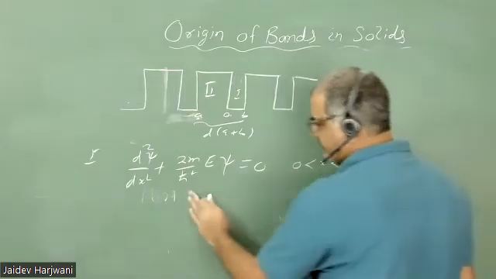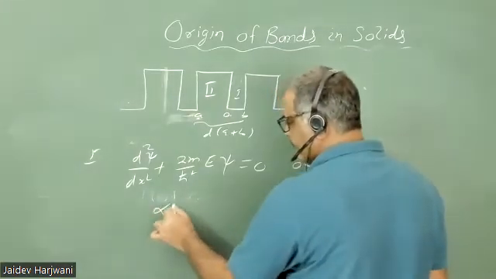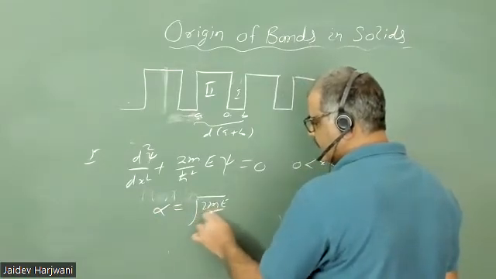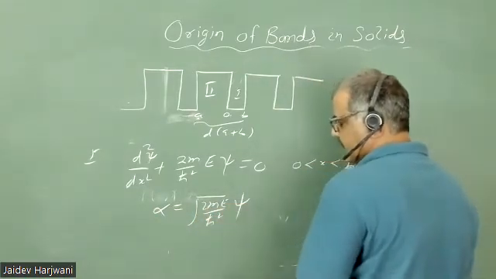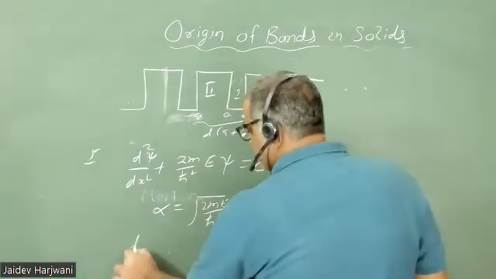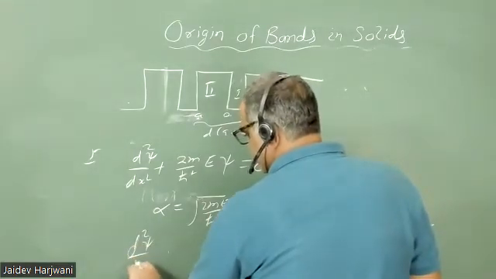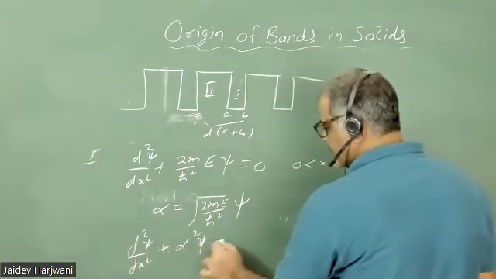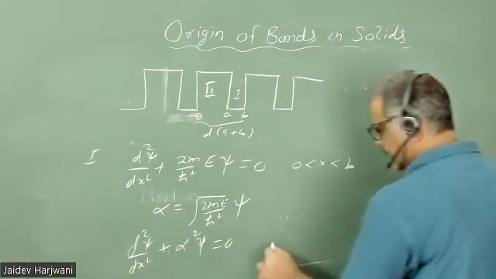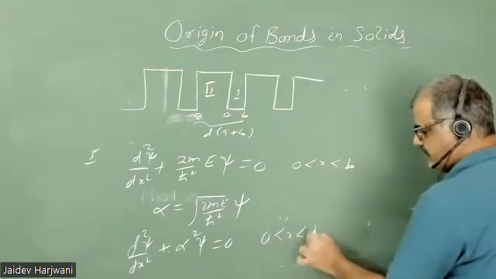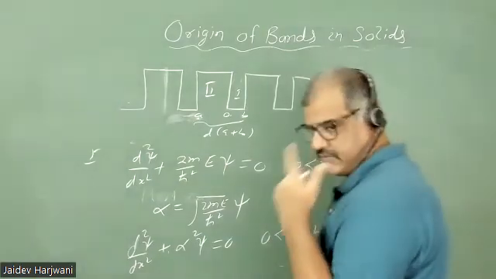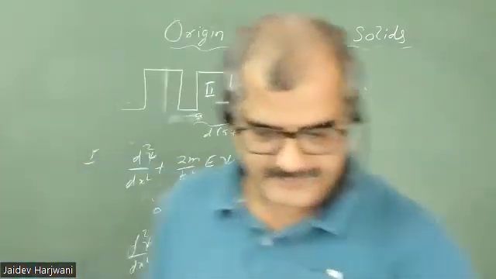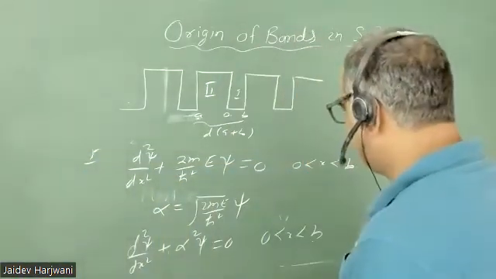If I define my alpha as under root 2mE upon h cut square, then in region 1 my equation will become d2 psi dx square equals minus alpha square psi, where x varies from 0 to b. And you know how to solve this type of equation. This is in region 1.